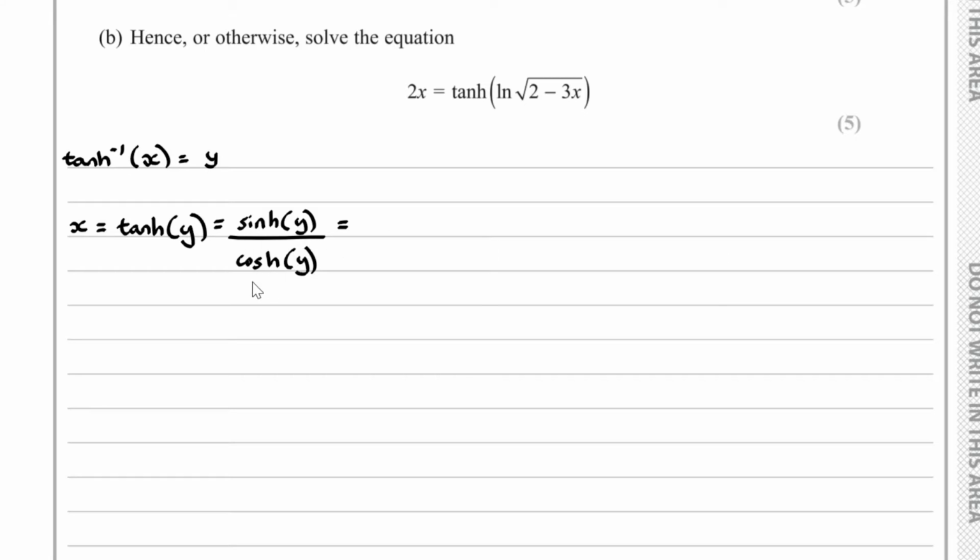In an equivalent form, this is the same as 1/2 times e to the power of y minus e to the minus y over 1/2 times e to the power of y plus e to the power of minus y. And happily, you'd see that these 1/2s cancel on the top and the bottom.